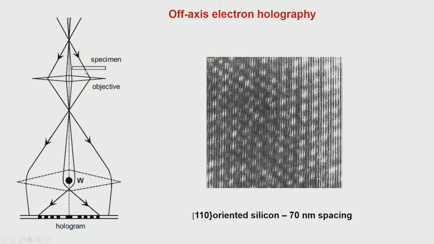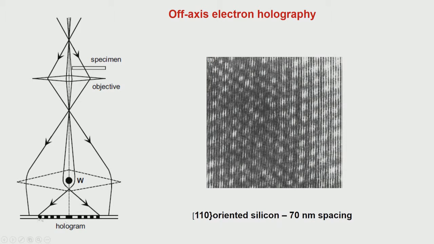As we have seen, in the exit wave the phase changes depending upon the local variation in the composition of that sample, and this is made to interfere with the reference beam, split into two and interference is done.